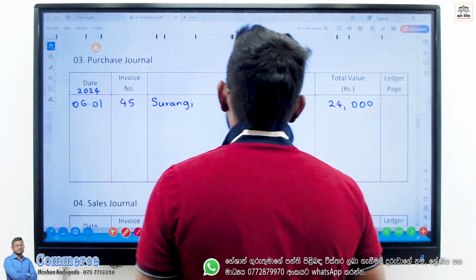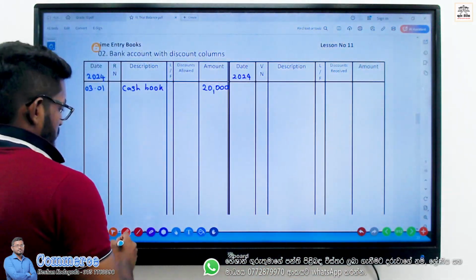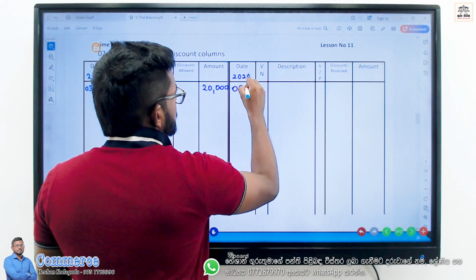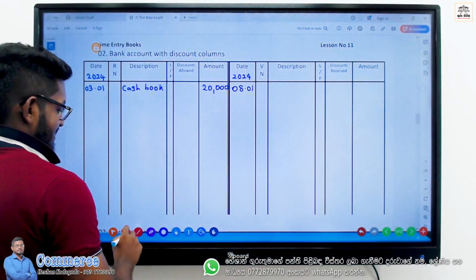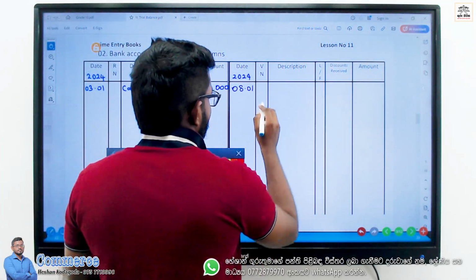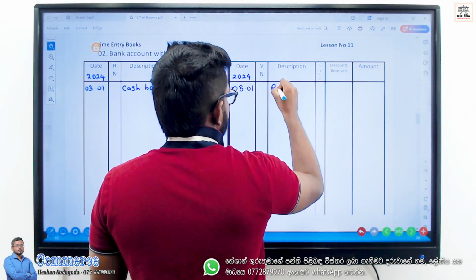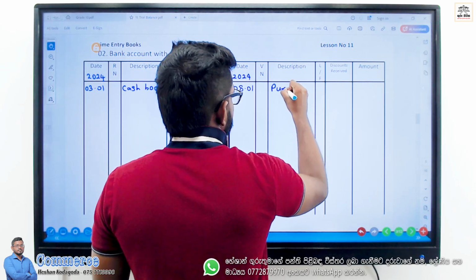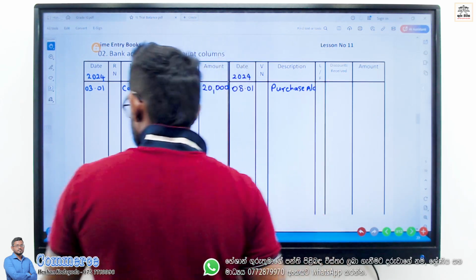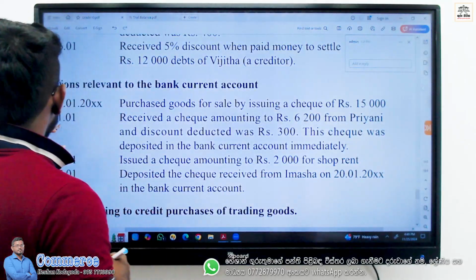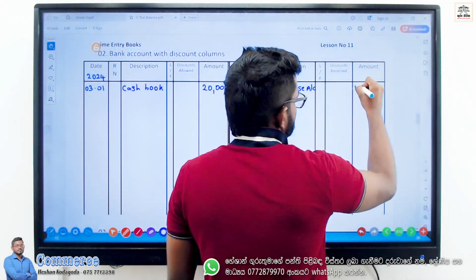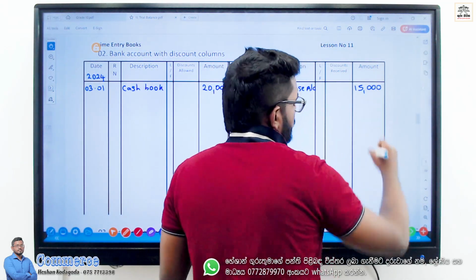So bank account credit, 8th of January, purchase account, how much? 15,000. Write it under the amount column, right?